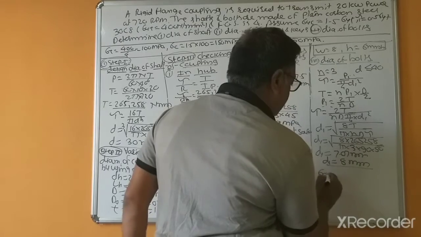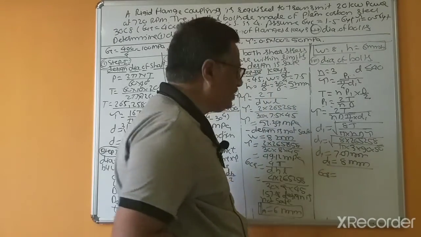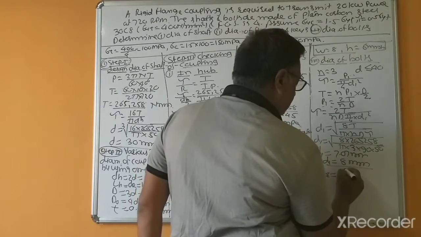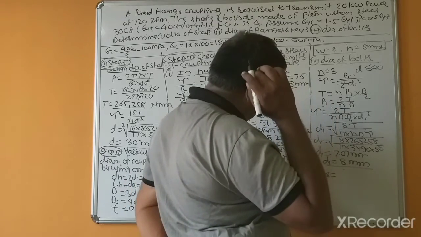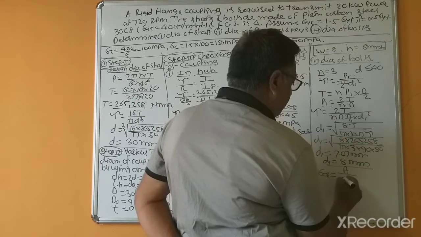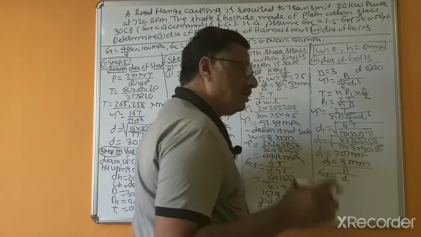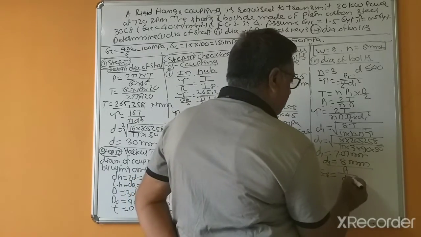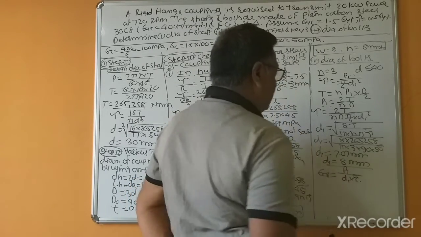For checking purposes, because the bolt may fail by crushing, crushing stress equals P1 divided by projected area, which is D1 diameter multiplied by thickness.